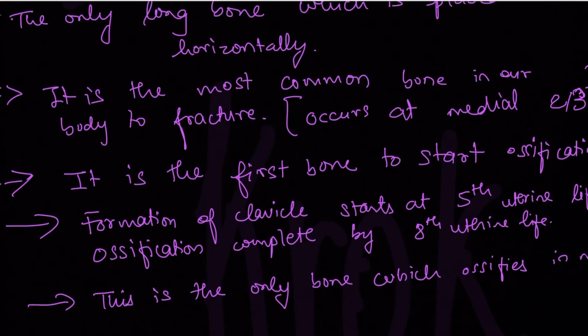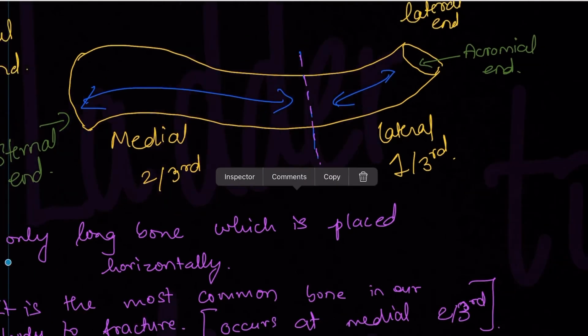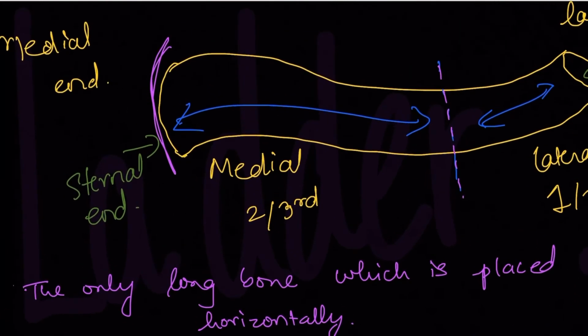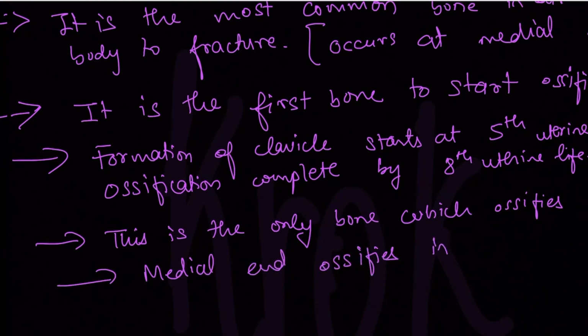Okay, now let's know about ossification. So you know this medial end, right? This medial end actually ossifies in membrane. So let's write it down. Medial end ossifies in membrane.